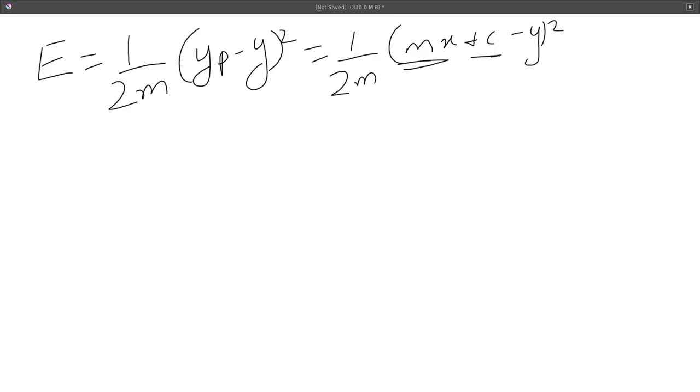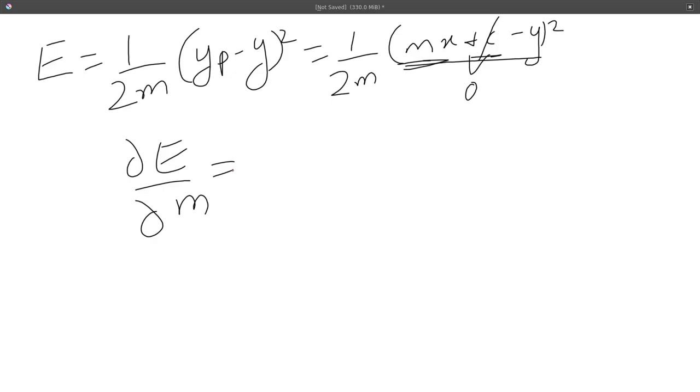So let's just say for now, it's a broad assumption, but a feasible assumption, that c is equal to 0. Now our equation is basically 1 by 2m (mx minus y) square. So now if I want to minimize this error in terms of m, what I will do is find the derivative of e with respect to m.